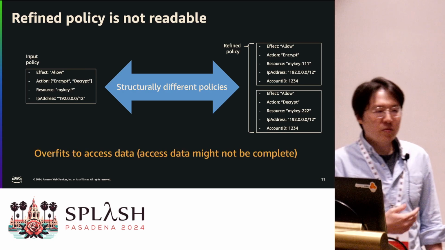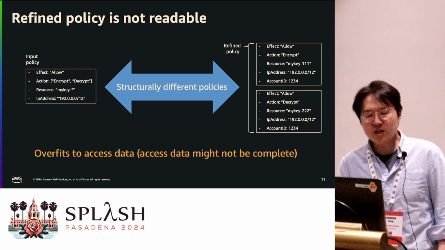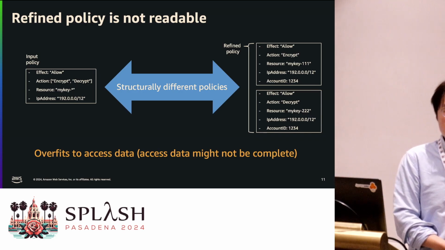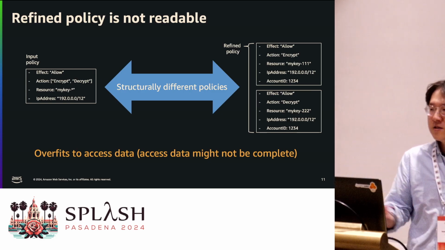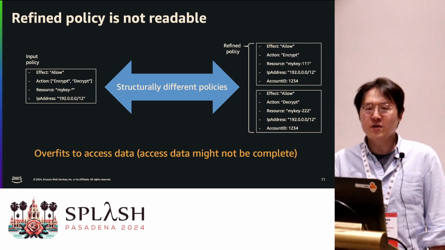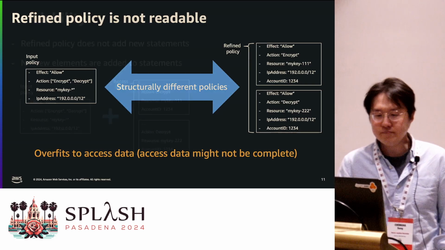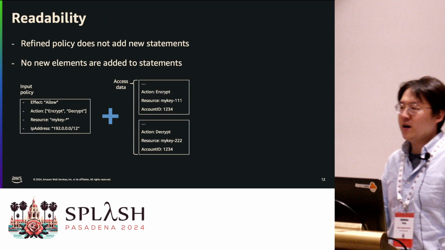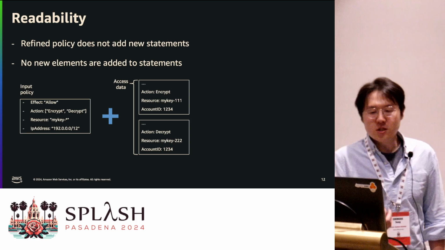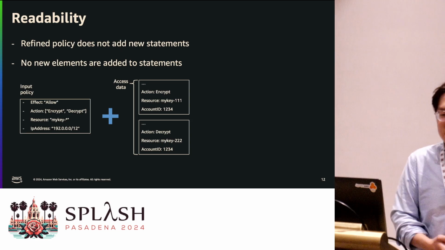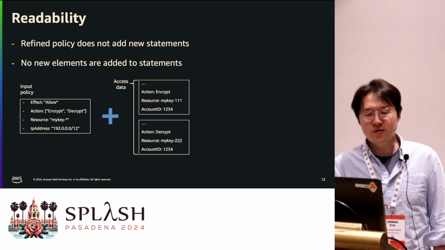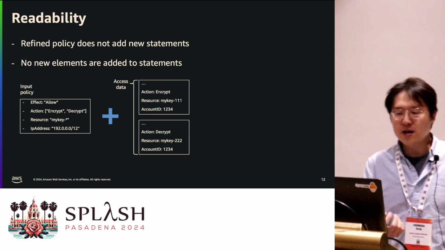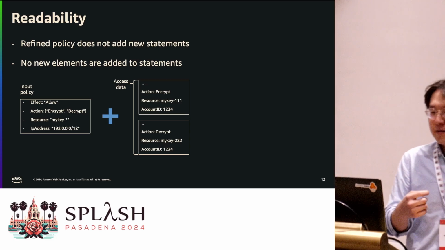Another problem of this kind of structure change is that it might lead to overfitting the policy to the access data, so this policy might miss future access requests if the access data is not complete. So for that, we define the property named readability. This property says the refined policy should not add a new statement, and no element should be added to these statements. For example, the account ID from the previous example shouldn't be added.